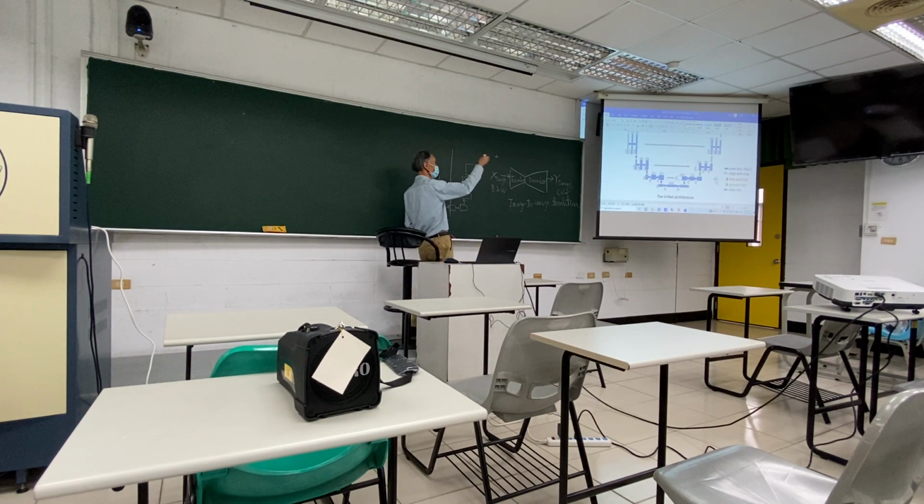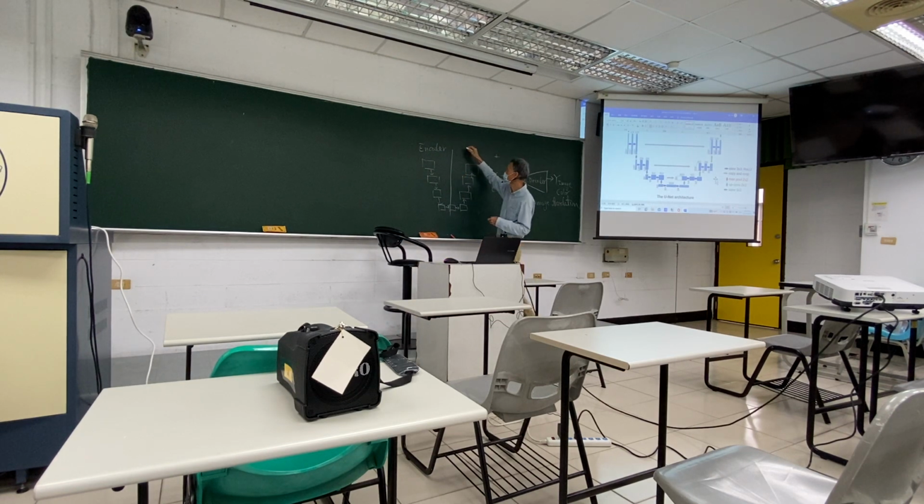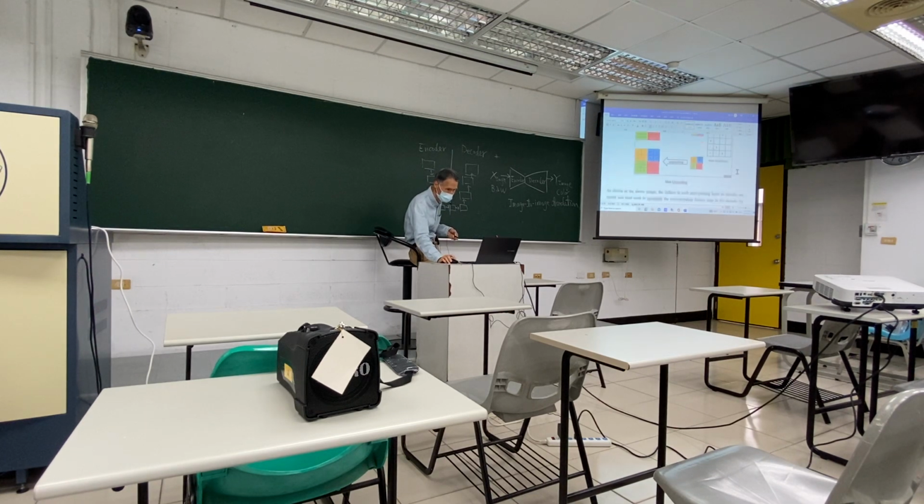So on the left, you can think of it as an encoder, okay? On the right, it is the decoder, that's it. Just like the segmentation network, they are basically the same.